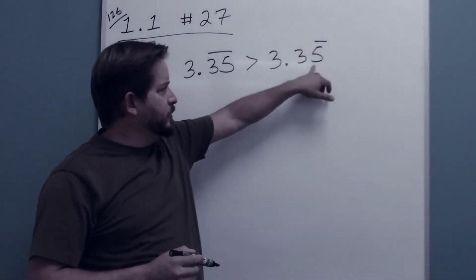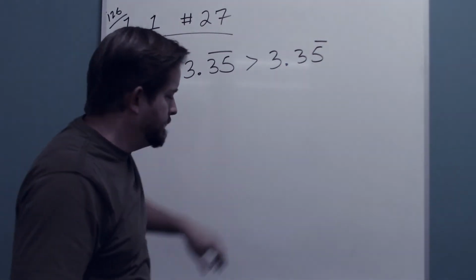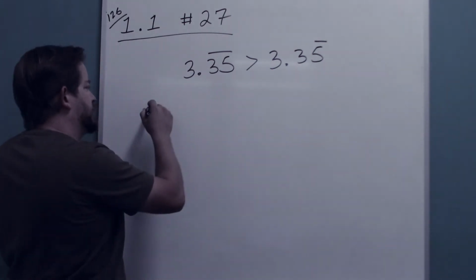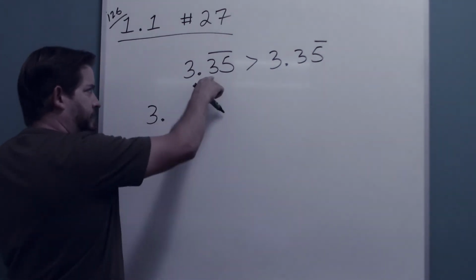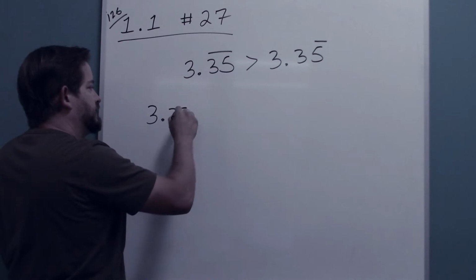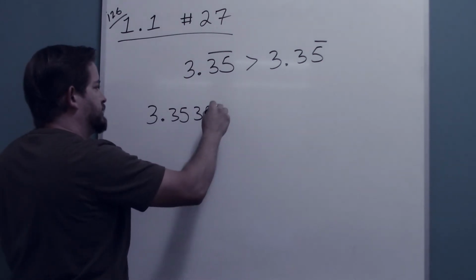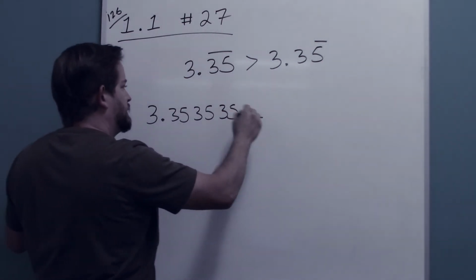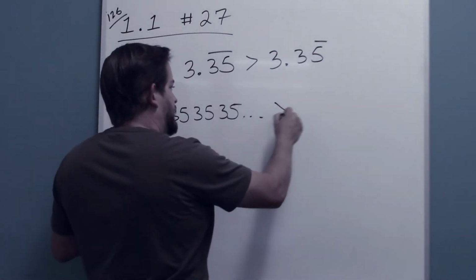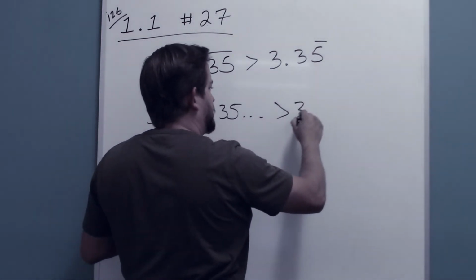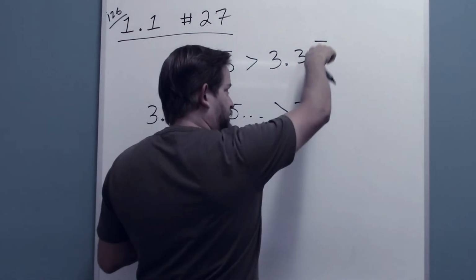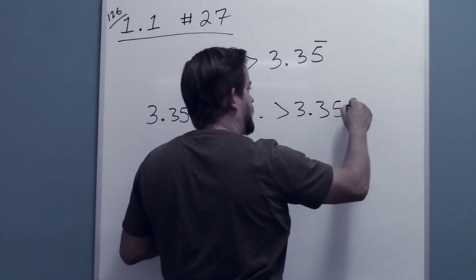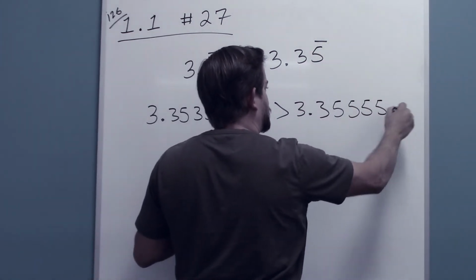On the right, the bar is over the 5 only. So my number on the left is 3 point, and the bar over the 3.5 indicates that the 3.5 repeats over and over. Is that greater than 3.35 repeating, where the bar is only on the 5 over here, so the 5 repeats forever and ever?